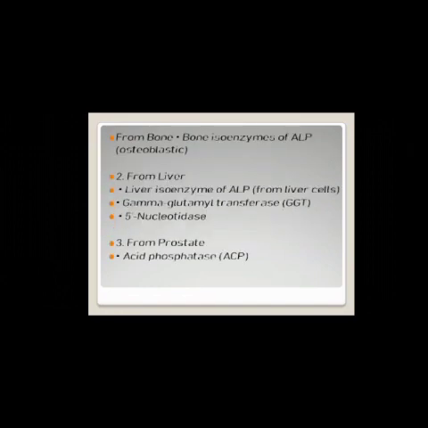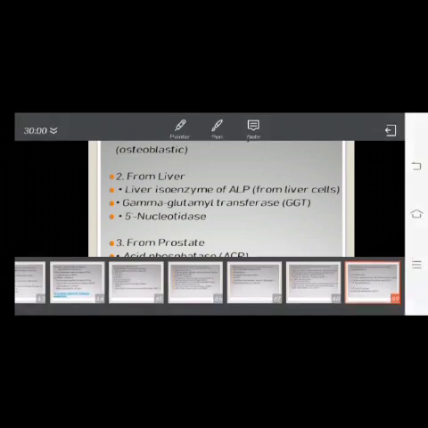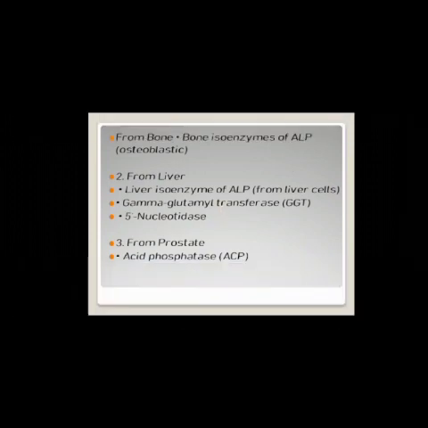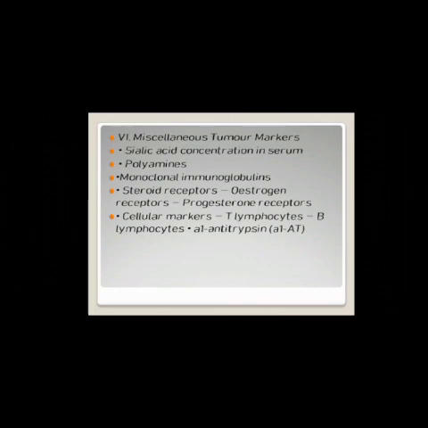From bone, isoenzymes of ALP from osteoblasts; ALP will be elevated in bone. From liver, isoenzymes of ALP from liver cells, gamma glutamyl transferase GGT, and 5-nucleotidase. These enzymes are elevated in the liver when the liver cells have a tumor. And from the prostate, acid phosphatase ACP will be elevated.